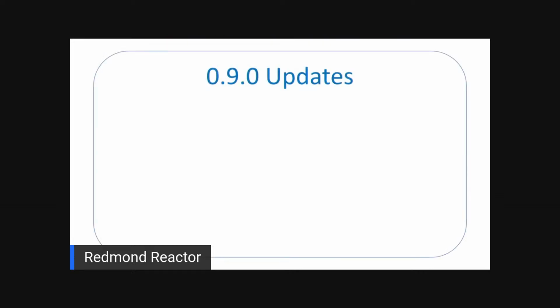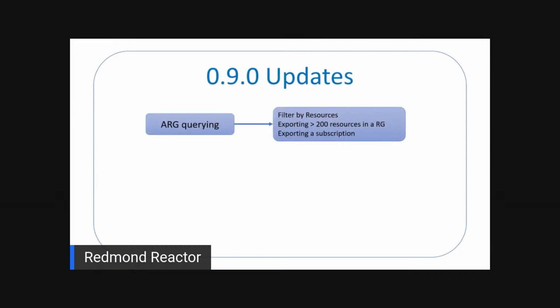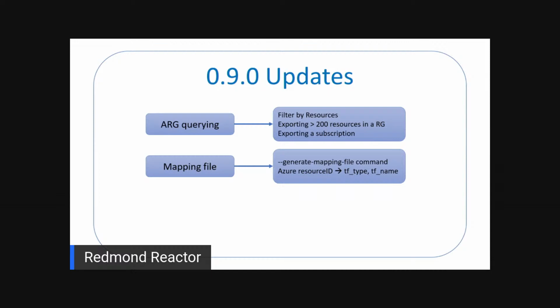Some other changes that we have made over the course of this period was, in addition to the querying, there's no longer a limit of 200 resources when you export on a resource group. The mapping file, if you are an earlier user, you'll notice that we moved it to now be a bit more readable.